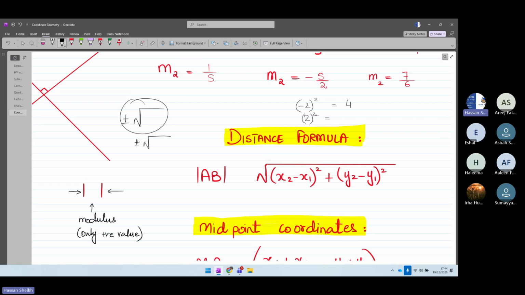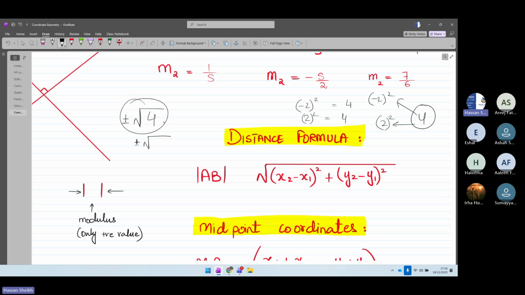And do you agree 2 square is also 4? Yes. So we exactly do not know where that 4 comes from. Either that 4 comes from the square of -2 or it comes from the square of 2.